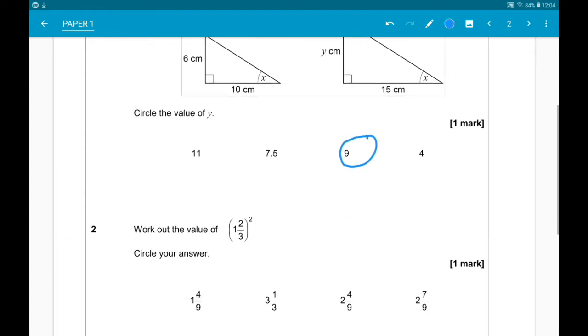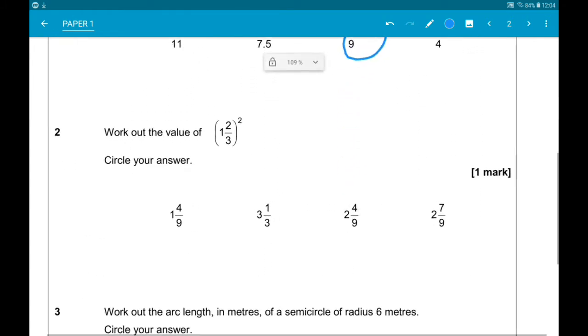Number 2. Work out the value of 1 and 2/3 squared. Now that is a mixed number. To be able to square it, we need to turn it into a fraction. So 1 whole is 3/3. So we have 3/3 and 2/3. So we have 5/3 squared.